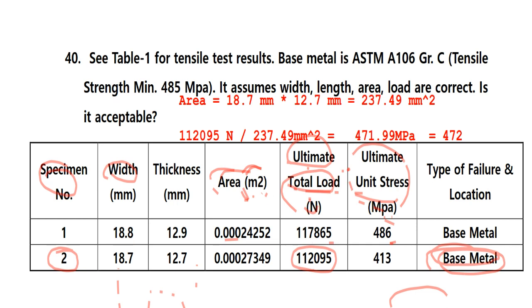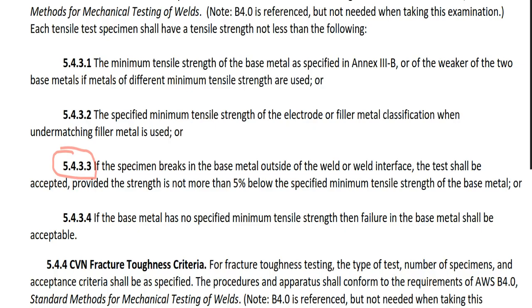Then we need to think about acceptance criteria for the tensile strength of the ASTM A106 grade C in 5.4.3.3, because the failure location is base metal, so we apply: this strength is not more than 5% below the specified minimum tensile strength.